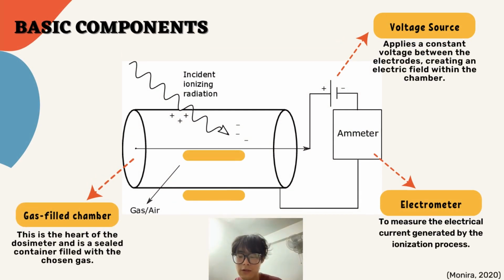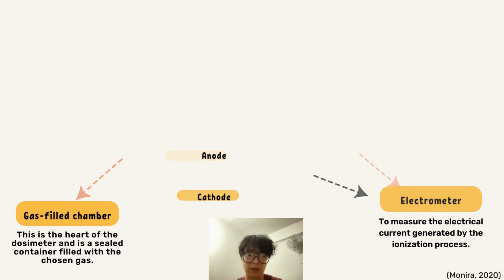This slide shows a detailed illustration of the inside of the dosimeter. We can see the anodes and the cathode as well as the emitter used to measure the current. Each component is indispensable in the process of the dose measurement.